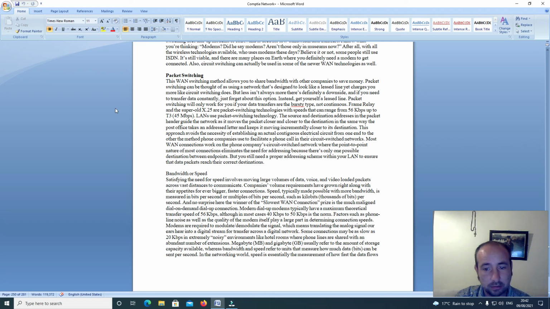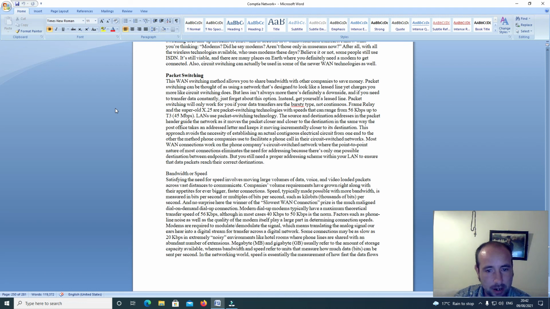Instead, get yourself a leased line. Packet switching will only work for you if your data transfer is the bursty type, not continuous. Frame relay and the super old X.25 are packet switching technologies with speeds that can range from 56 kilobits per second up to T3, 45 megabits per second.